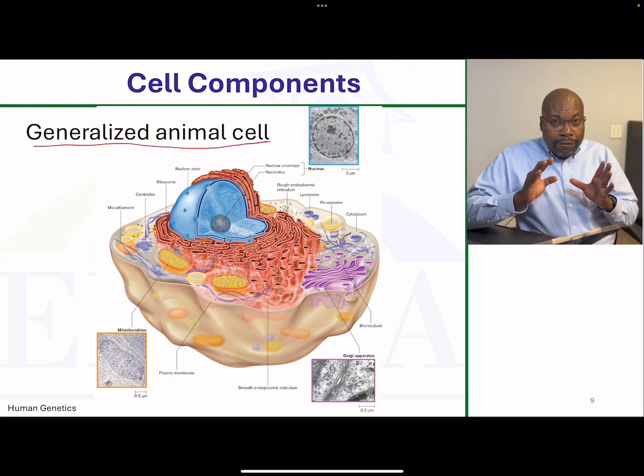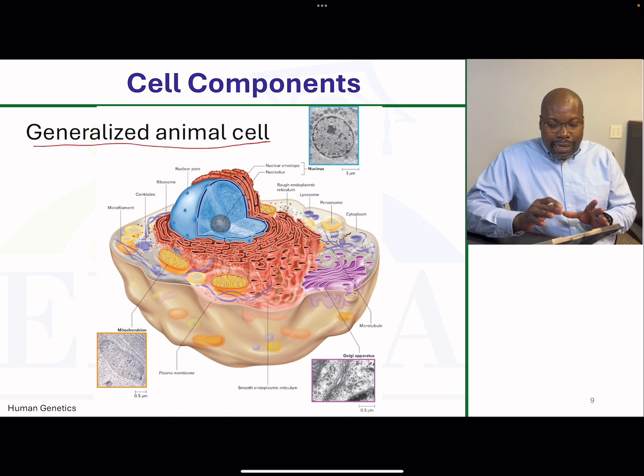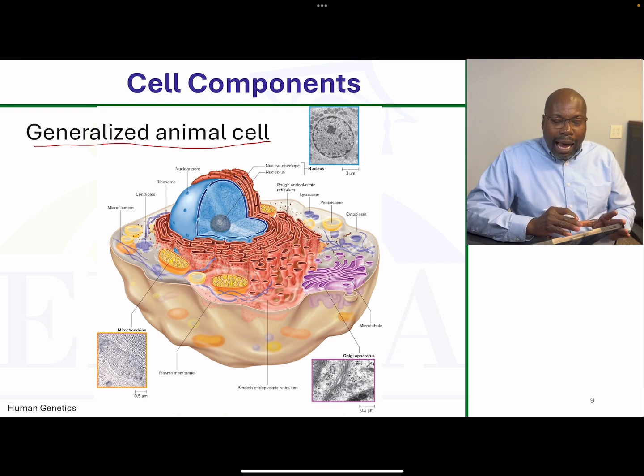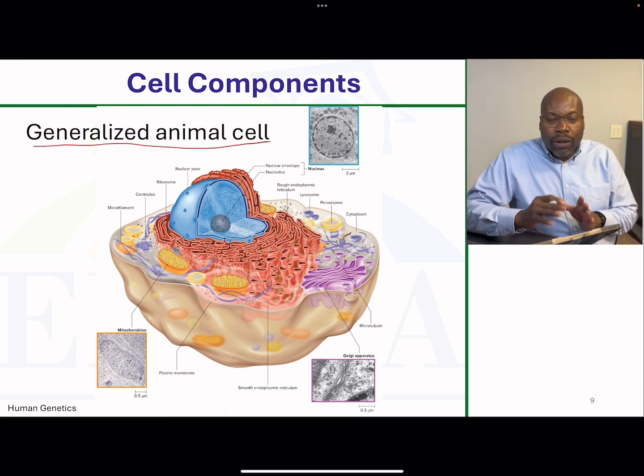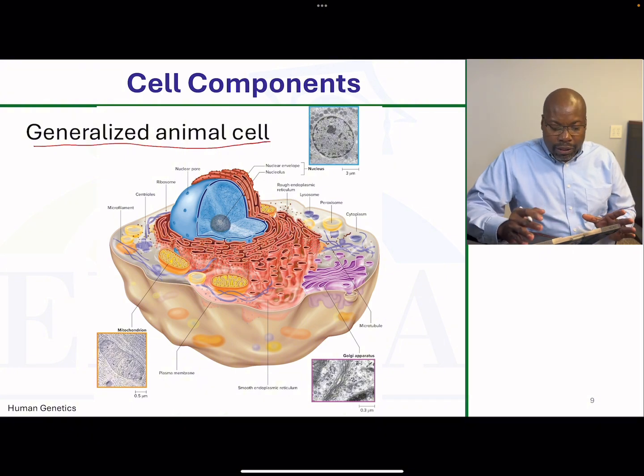Now, I invite you to spend some time on this slide and to actually not only identify different components that make up the cell, but also to see how the cell is organized. You notice that the cell is a network of flattened sacs.